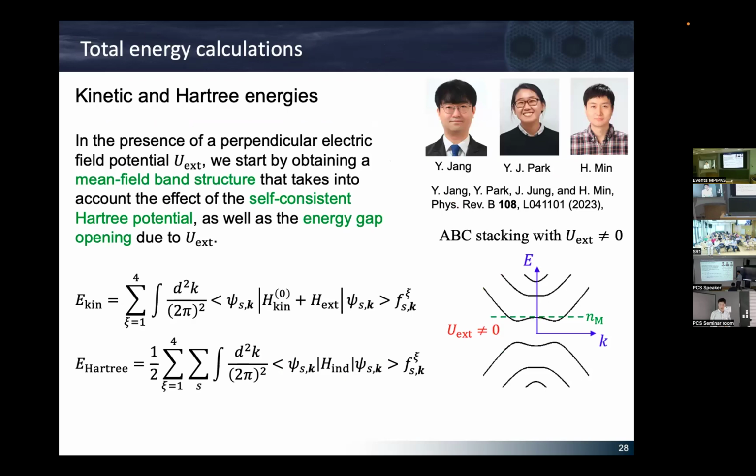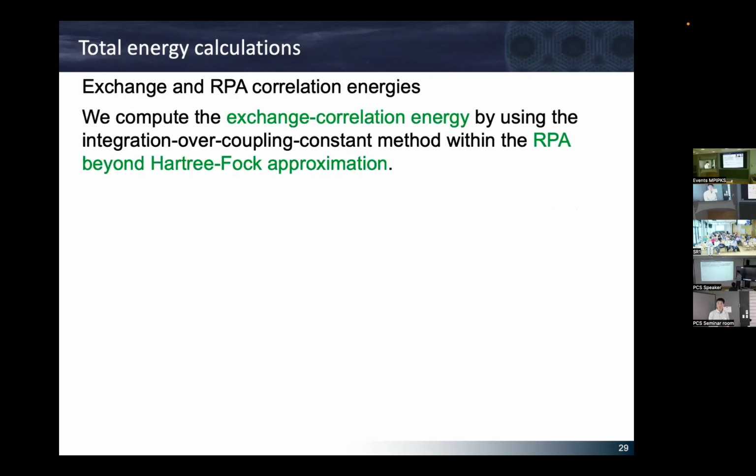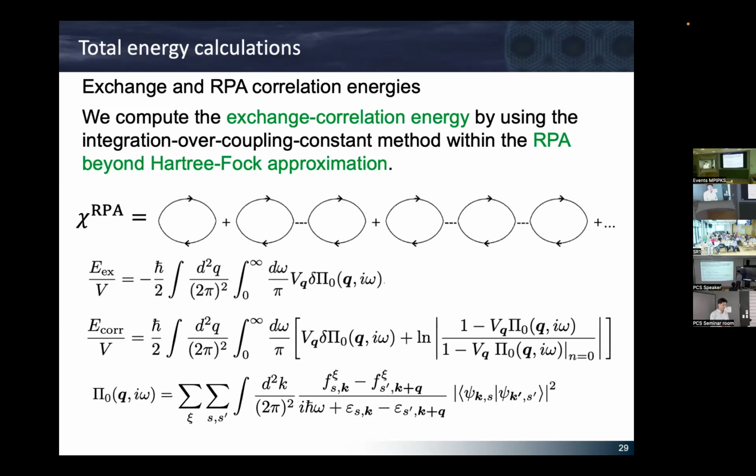We can do the study of energetics from the kinetic energy viewpoint and the Hartree energy viewpoint. These contributions are always concave up, and will tend to favor equal occupation of the different valley spin components, whereas if we carry out the calculation at the exchange and correlation level, we are showing the RPA calculations.